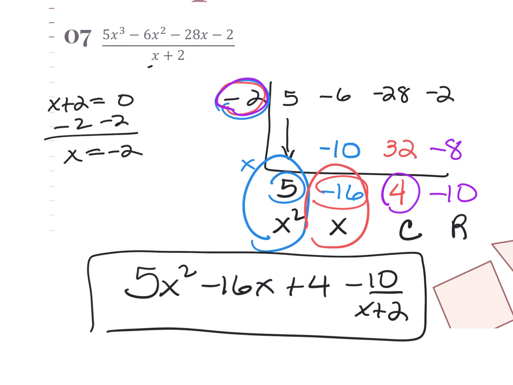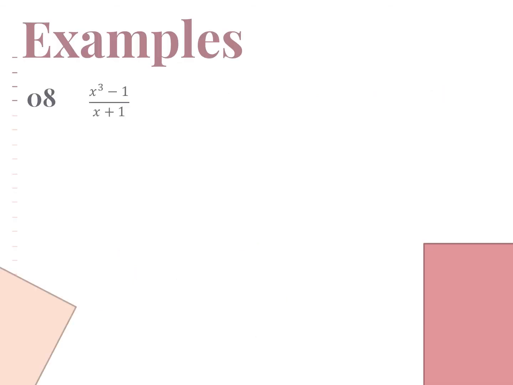Let's do one more where we're missing terms. So remember, we need to write this in descending order, and we need to fill any gaps. So really what I need to do is change this into x cubed plus 0x squared plus 0x minus 1.